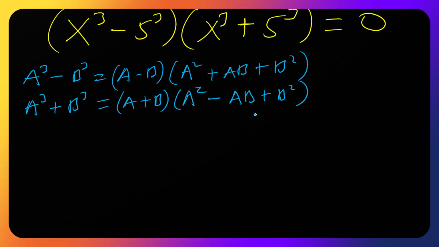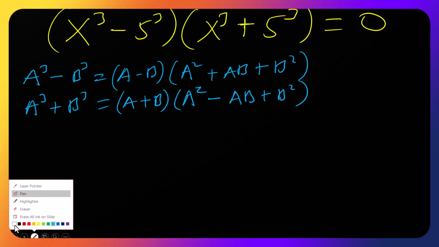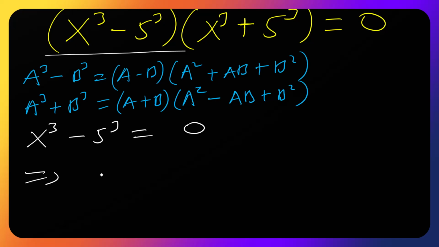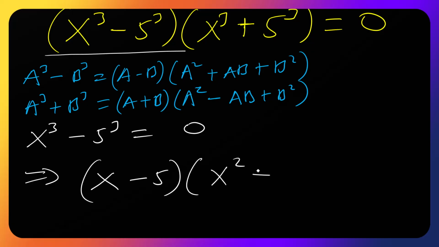Now let's start with the first one, x cubed minus 5 cubed equals 0. We are going to say x minus 5, times x squared plus the product 5x plus the square of 5, equals 0.